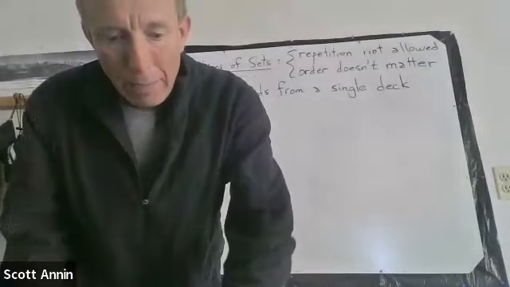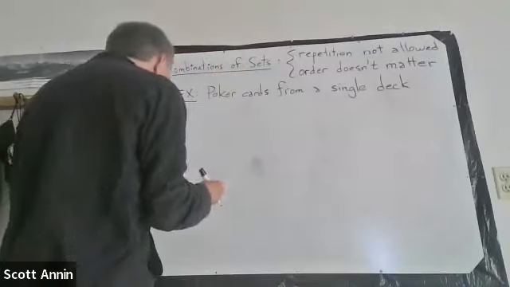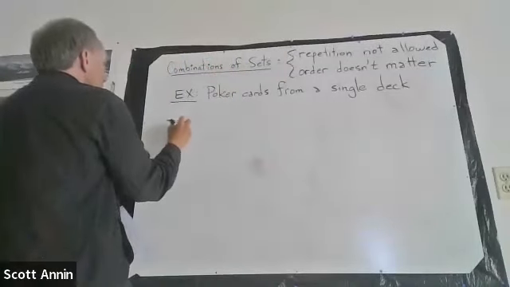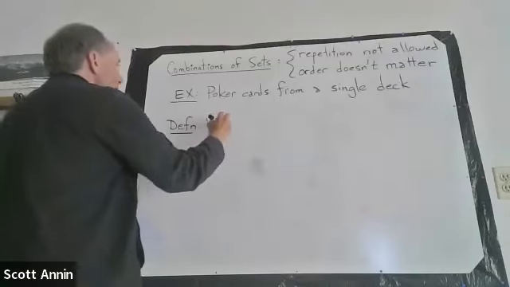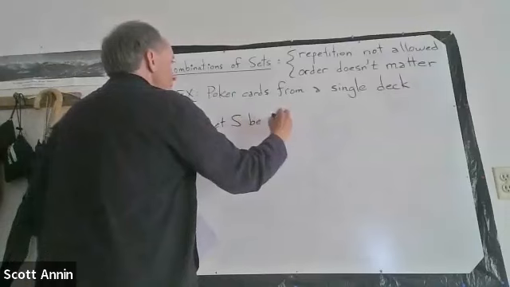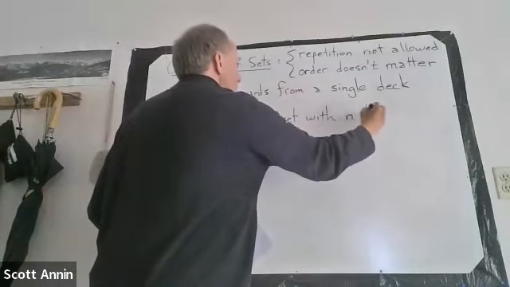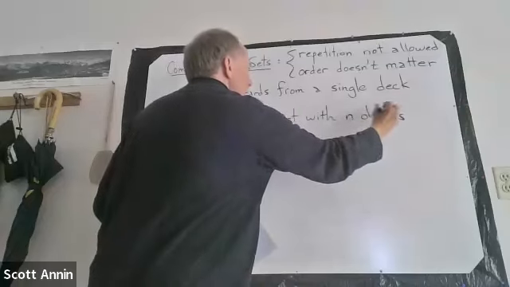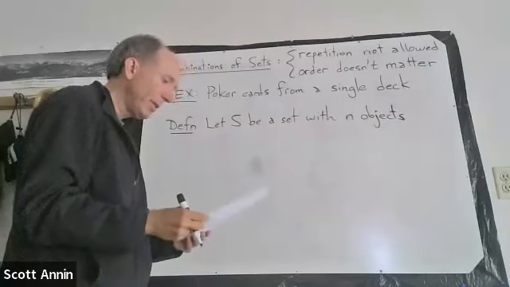Okay, so let's talk about the definition of what a combination is. This is just kind of the background here, but let's write down what a combination is, just for the record. Let S be a set with n objects. We're just setting it up here. Suppose we have a set that has n objects.